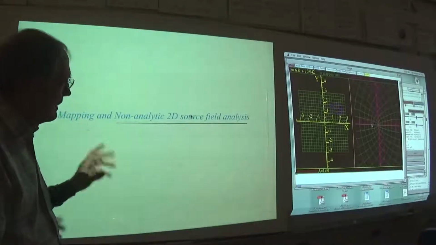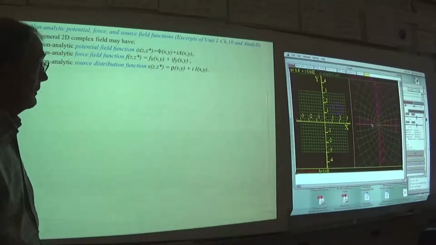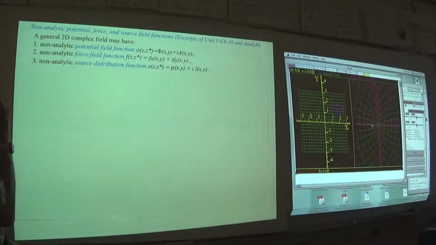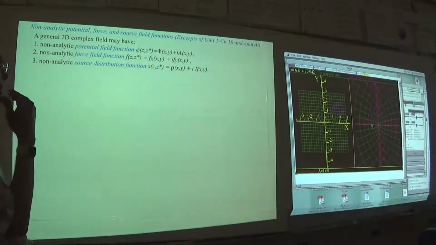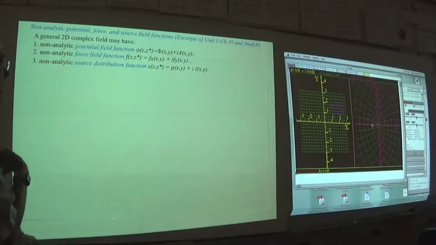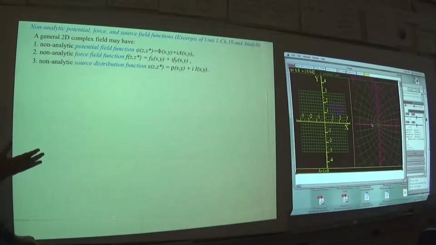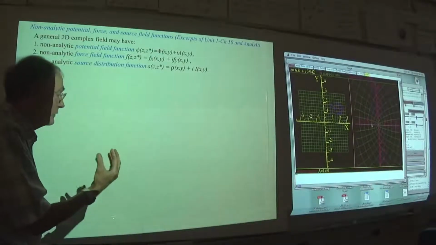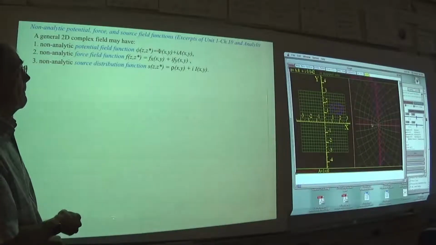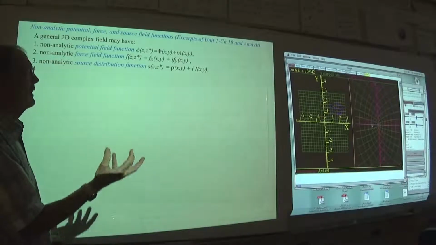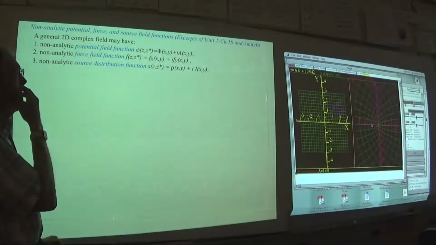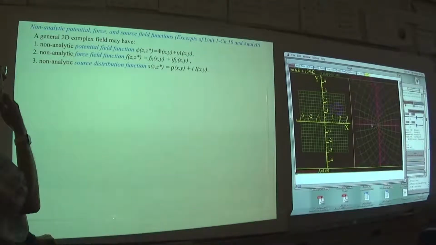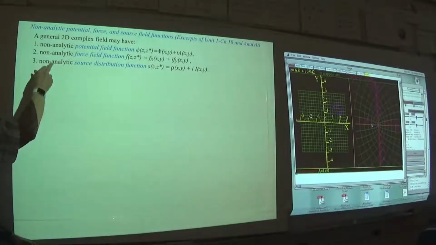This is something that's kind of a hobby, but it's a hobby of every mathematical physicist that's studied the whole idea of, shall we say, different kinds of vector fields. Transverse vector fields versus longitudinal vector fields. What we're going to do here is non-analytic functions.